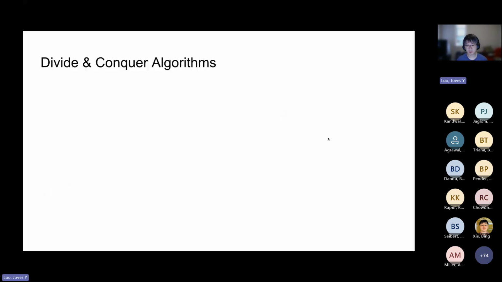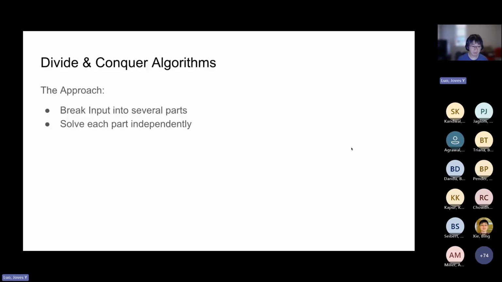So the divide and conquer algorithms that we care about in this class are, sorry, what is a divide and conquer algorithm? What do we consider to be divide and conquer? The general approach is that you break a problem into several smaller parts. These are your subproblems. Then you solve each part independently.